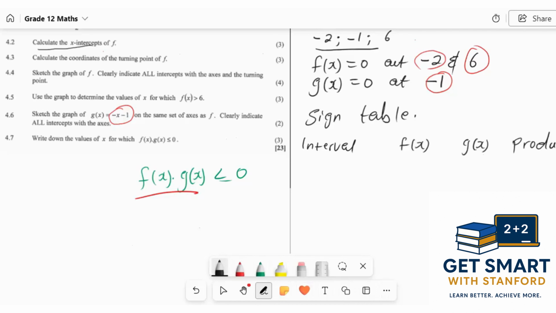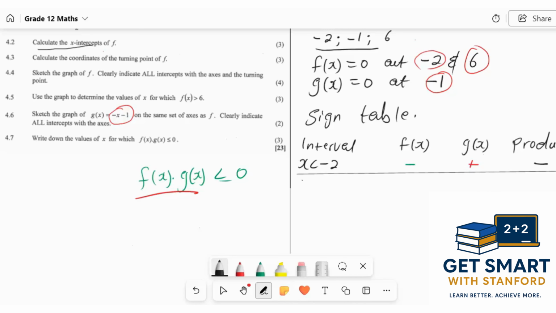Okay, fine. At this interval, when x is less than minus 2, the graph of f is negative and the graph of g is positive. And what is the product there? Negative times positive is negative. And maybe let us divide this with a line.